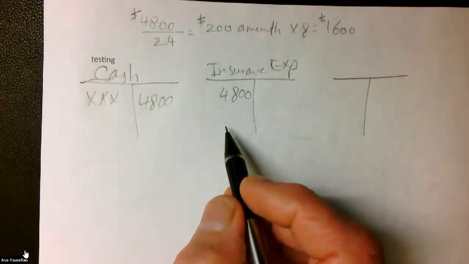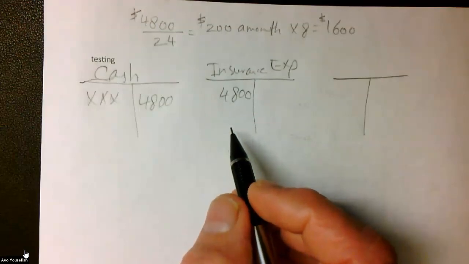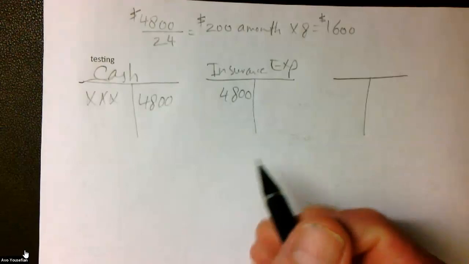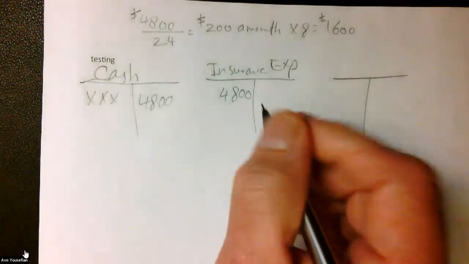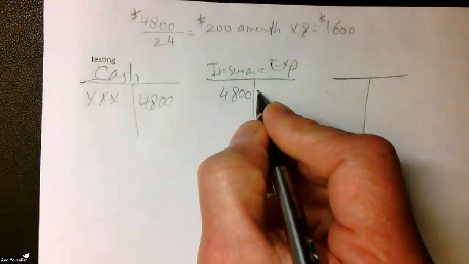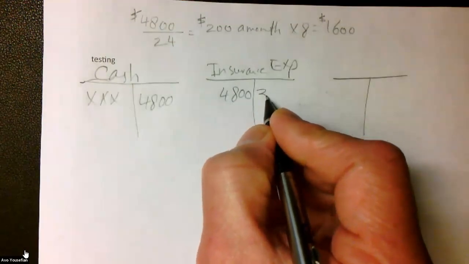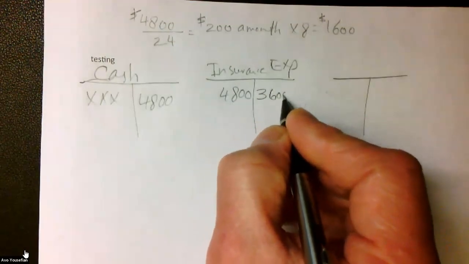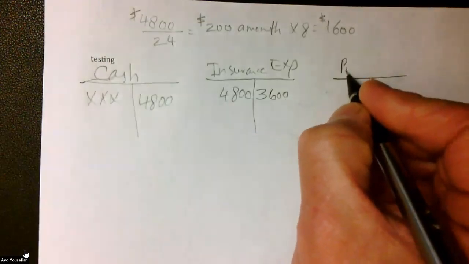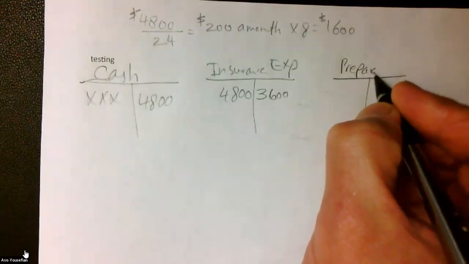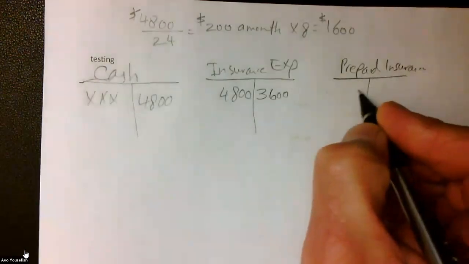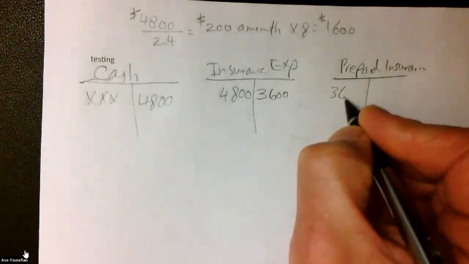It says at the end of the year, you discovered an adjusting entry defers $3,600 of insurance expense. So you look at the adjusting entry, and you see that one of your bookkeepers deferred $3,600 of insurance expense and put it in prepaid insurance as an asset.